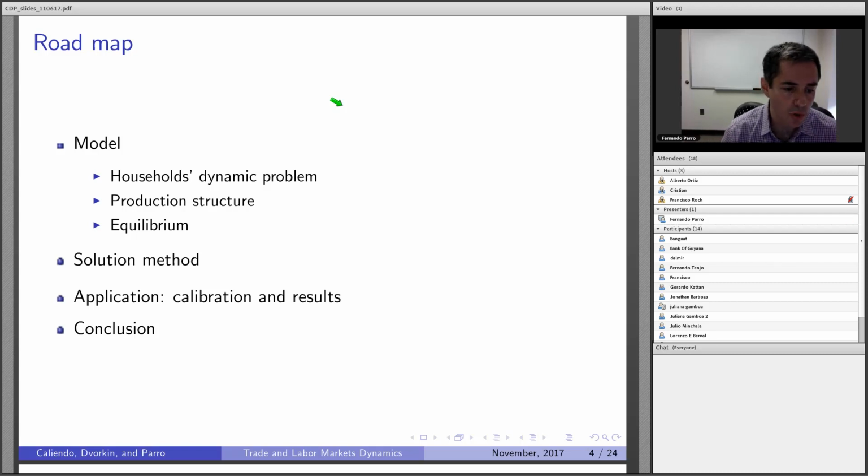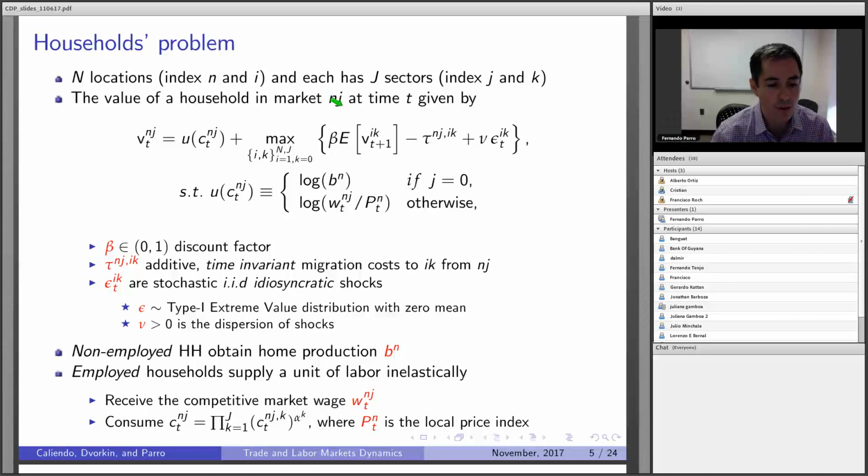After doing so, I'm going to go over the solution method I just mentioned, how it works, and under which conditions this solution method is going to work. And then I'm going to go over the application to quantify the effects of the China trade shock on US labor markets, and over the results. And finally, I'm going to conclude.